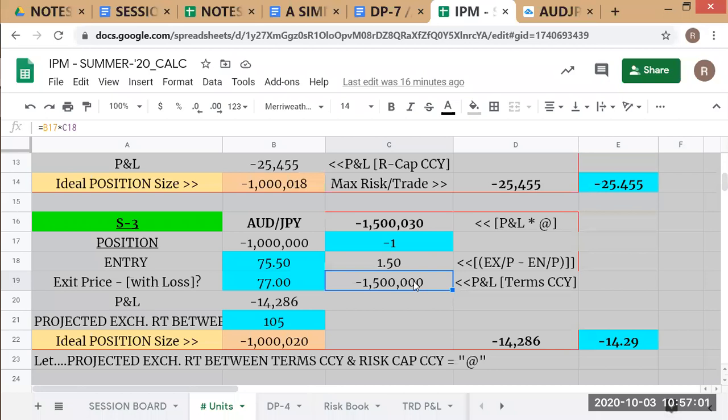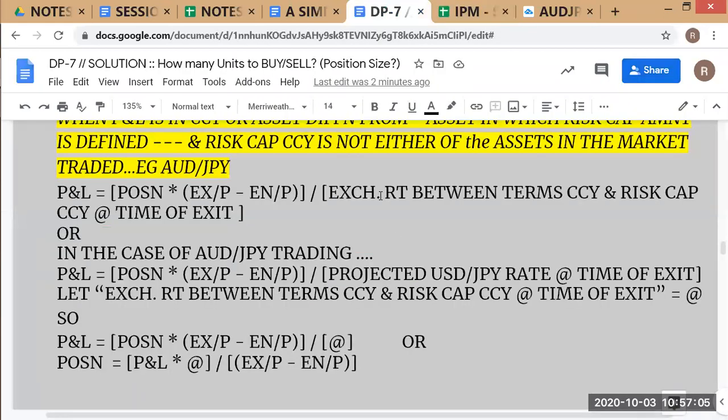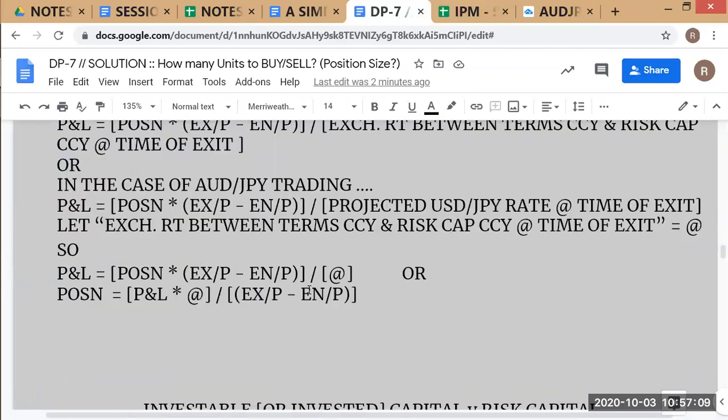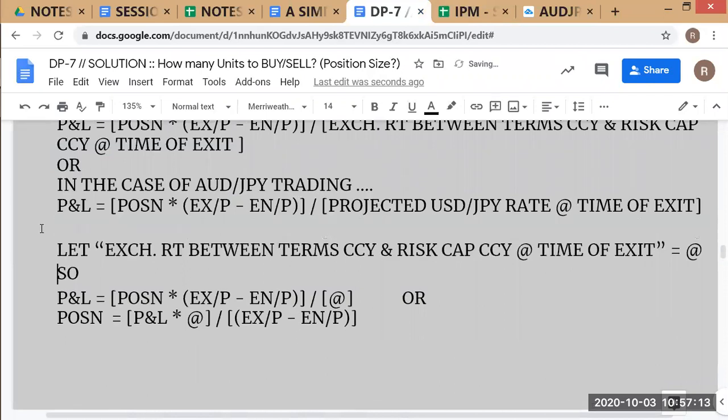For that, what do I do? I have to divide by the exchange rate here. Look at this language here. Very complicated language. That's why I have said this, because the language is very big.